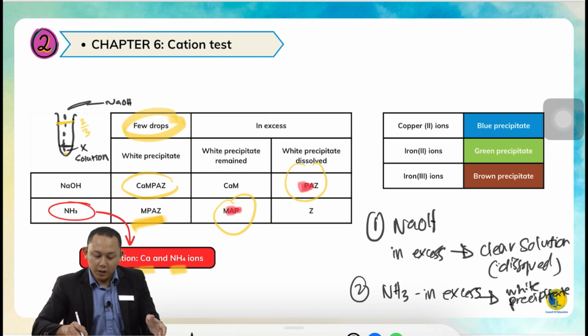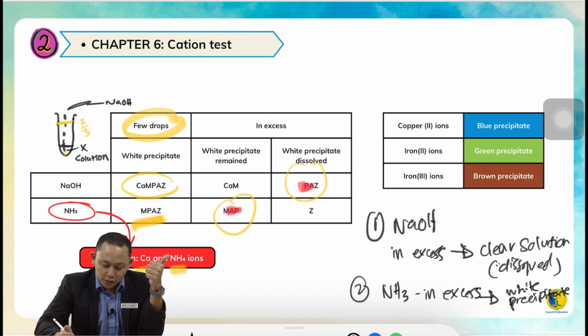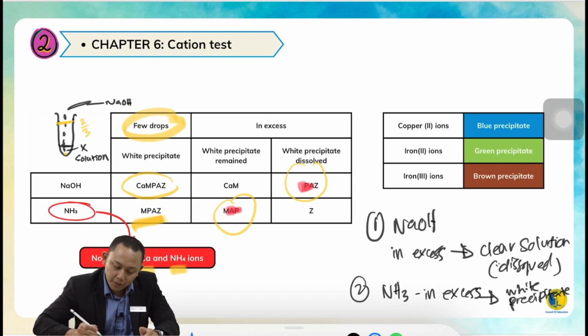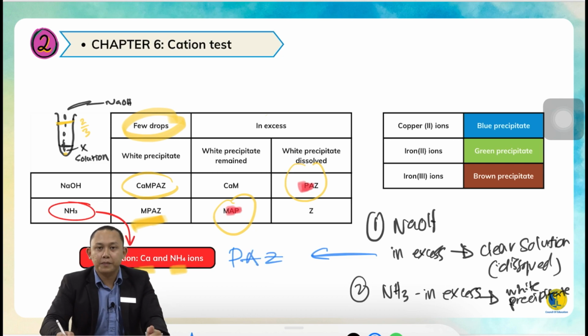Now based on these two observations: the first one, you use sodium hydroxide in excess and get a clear solution, dissolved, meaning it could be lead, aluminium, or zinc.